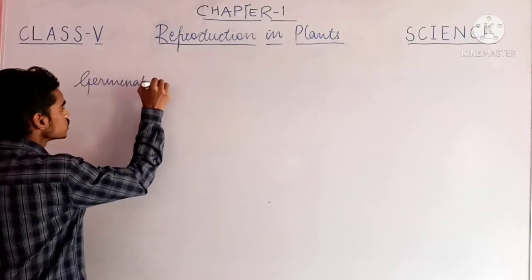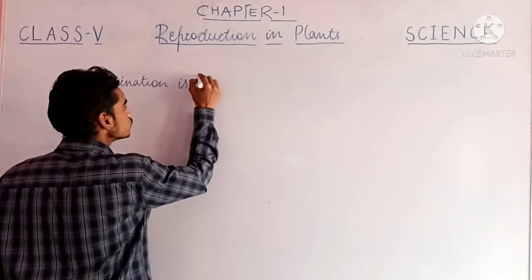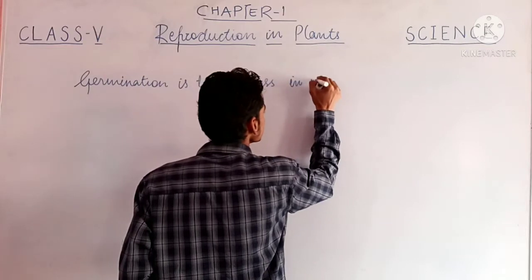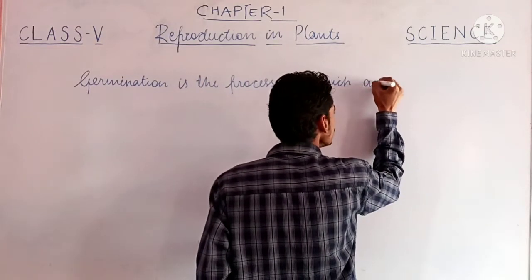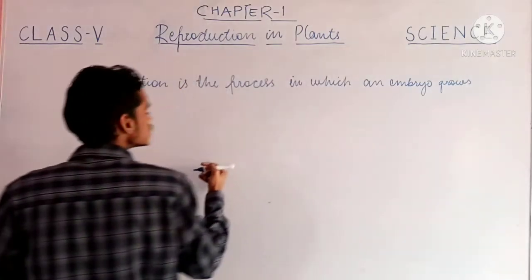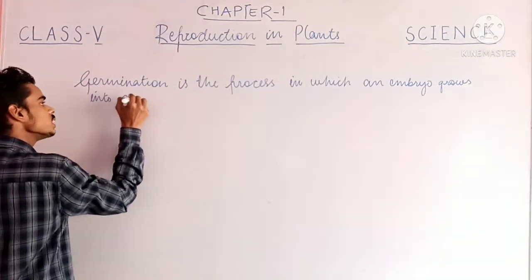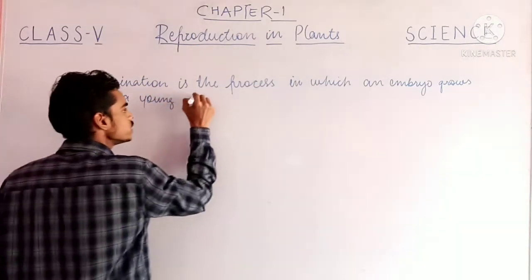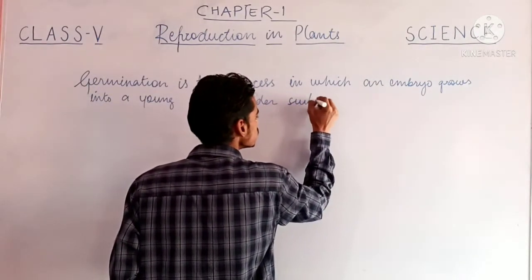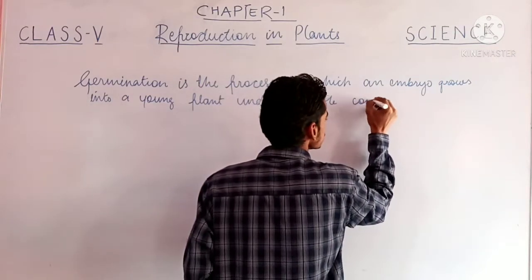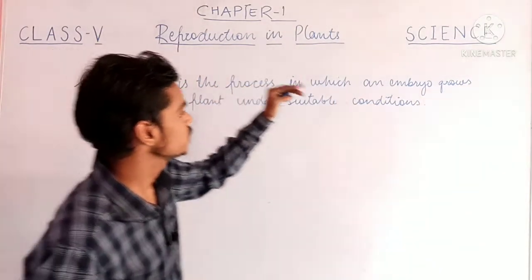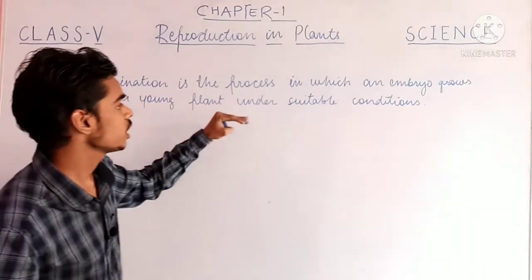Germination is the process in which an embryo grows into a young plant under suitable conditions.